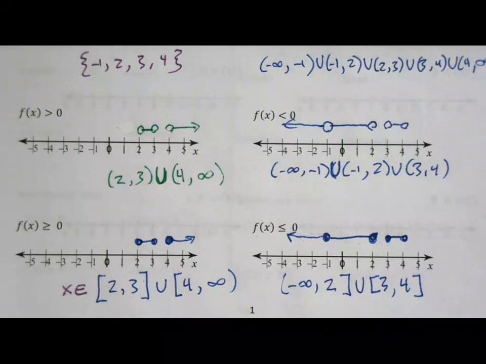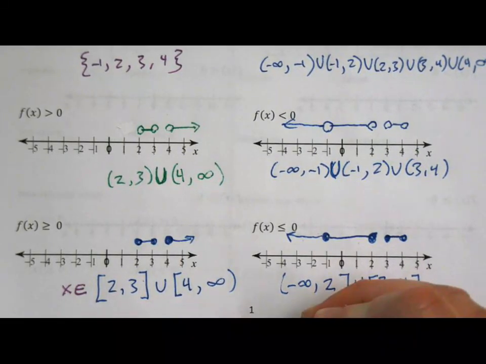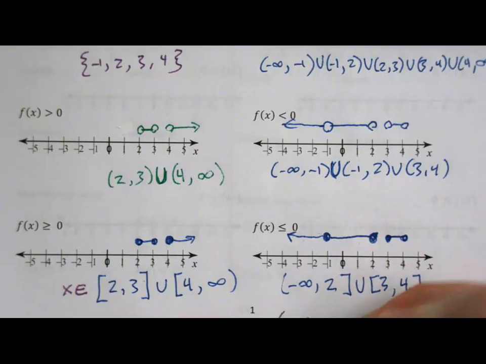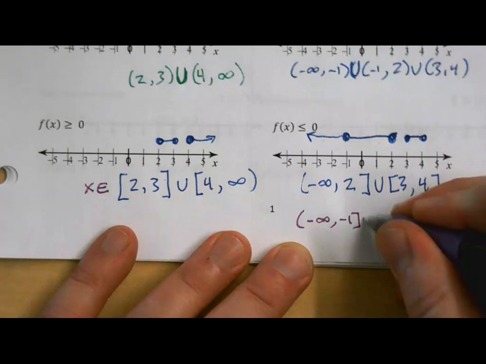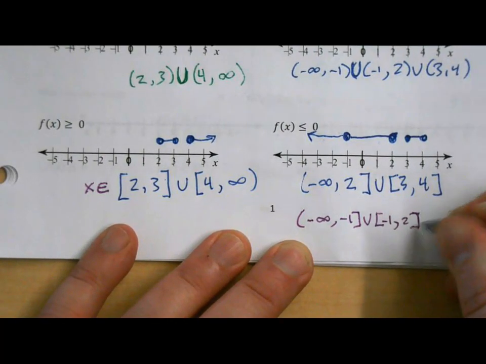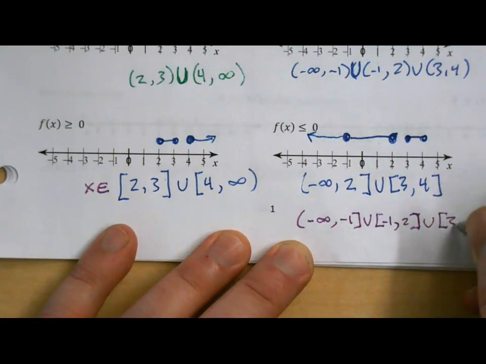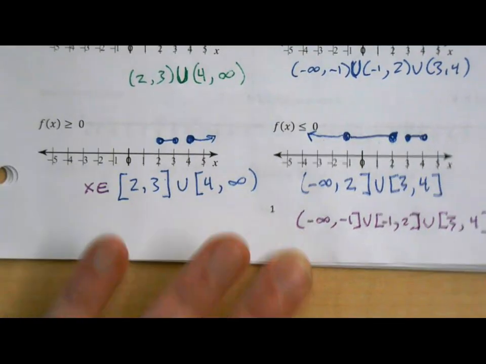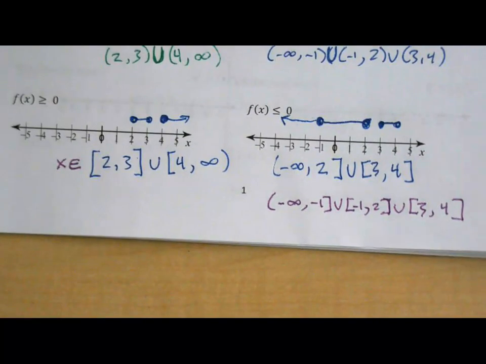Now, I would expect that some folks might want to write it like this. Yes, thank you for letting me know. That is technically a correct answer, but is not the best answer.